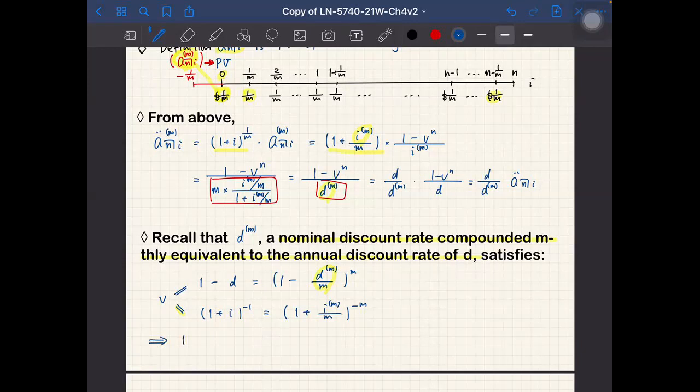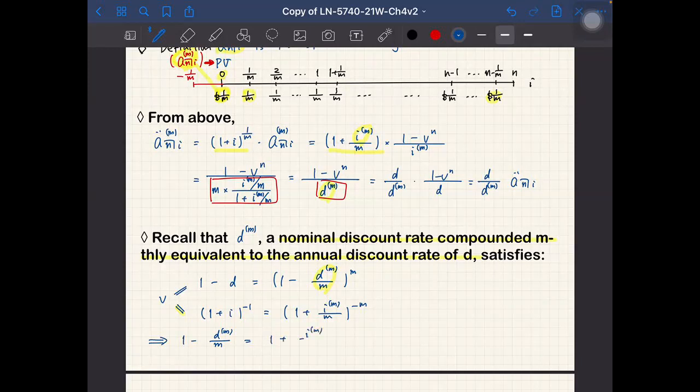So actually, this should be 1 minus d superscript m over m, which is equal to the inverse of 1 plus i superscript m over m.